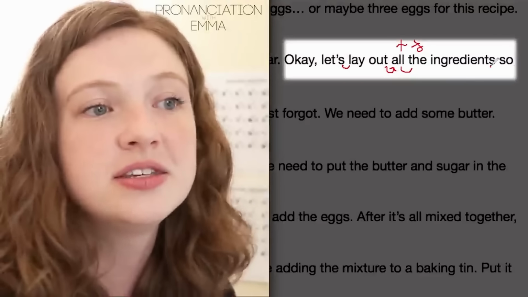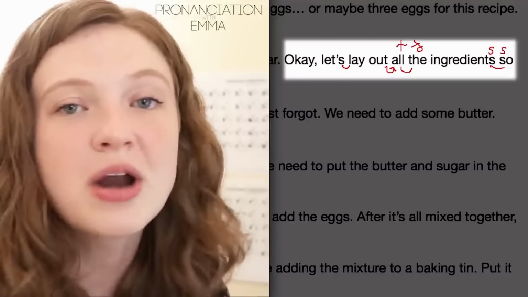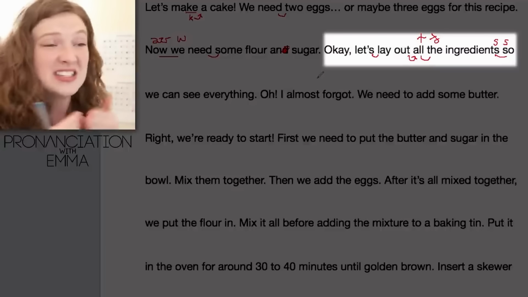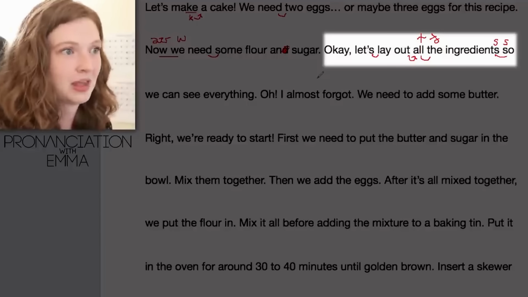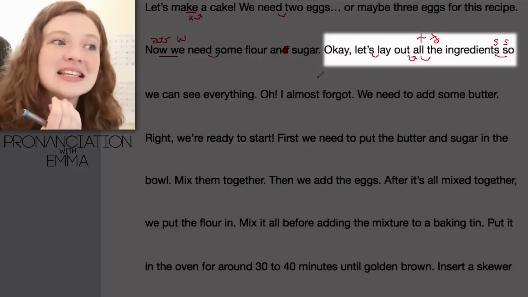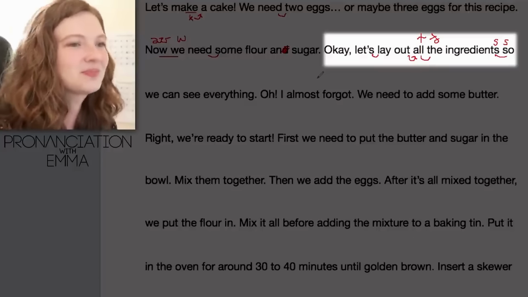These two are the same sound, s and s. They're going to come together. We're not going to break them and separate them. We're going to keep them together like a happy little couple and pronounce it almost like one word, so it becomes like ingredients, so. Okay, let's lay out all the ingredients, so.